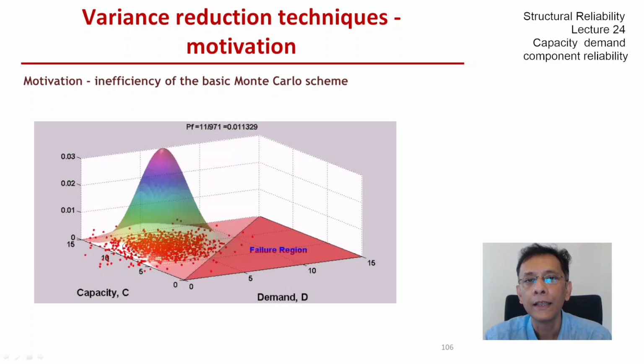Can we either make use of those points that fell in the safe region, or alternatively, can we generate more points in the failure region? Now, obviously, that is not the true situation, but perhaps we could correct for that bias. And let's see what would happen if we did something like that.